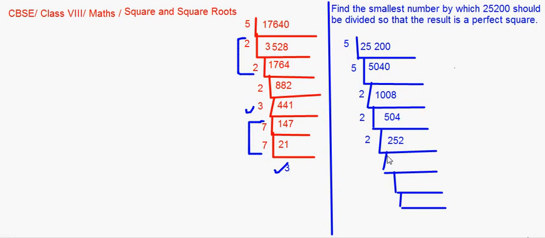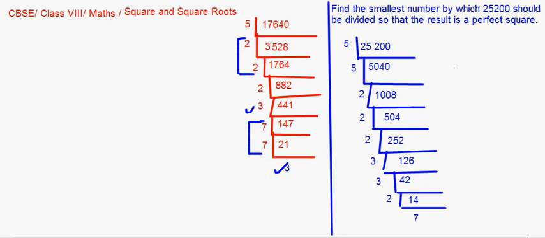So 252 again divisible by 2 will give us 126. I can directly take 3 as such. 3, 4 and 2 again by 3, so it is 14, and again it is 2 and 7.